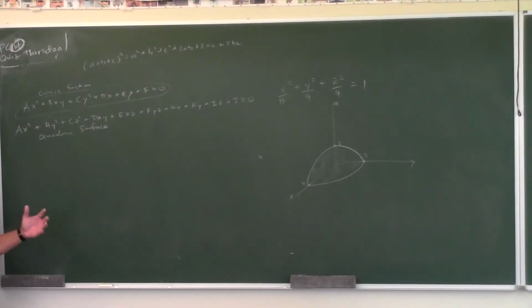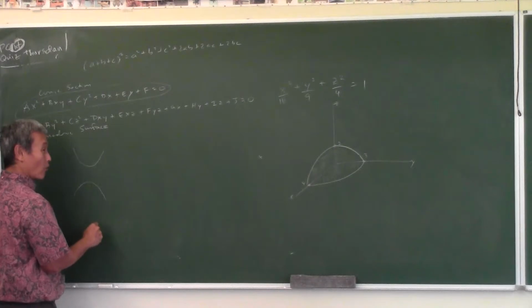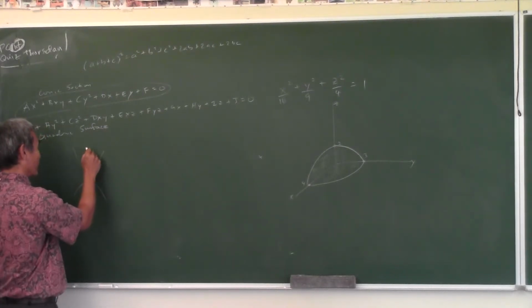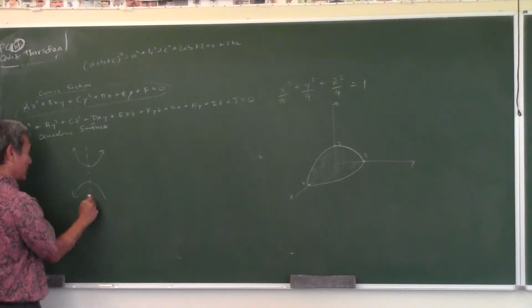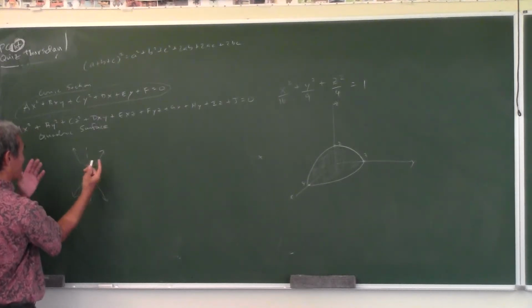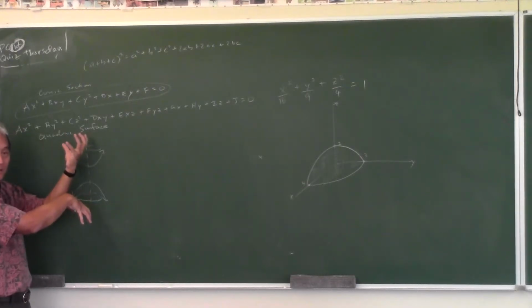Okay, we did an ellipsoid. What about a hyperboloid? The trouble is there are 2 different kinds of hyperboloids. What if you have a hyperbola like this and you revolve it about this line? You get these 2 cups.